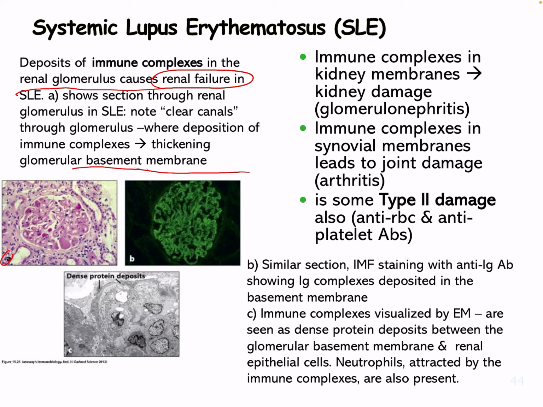Immune complexes in the kidney membrane cause kidney damage, causing glomerulonephritis. Immune complexes in the synovial membranes lead to joint damage, arthritis, in RA as well, and SLE. In some types, we also have some type 2 damage, where we have anti-red blood cell and anti-platelet antibodies.